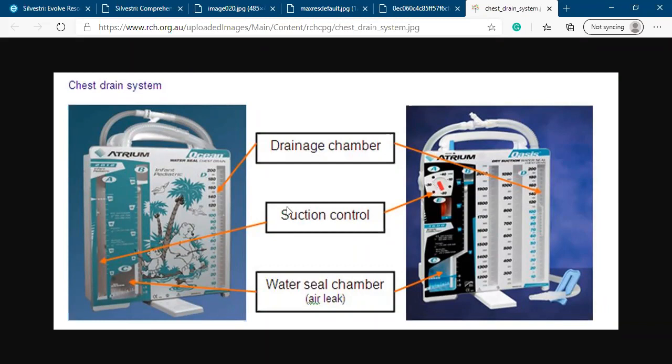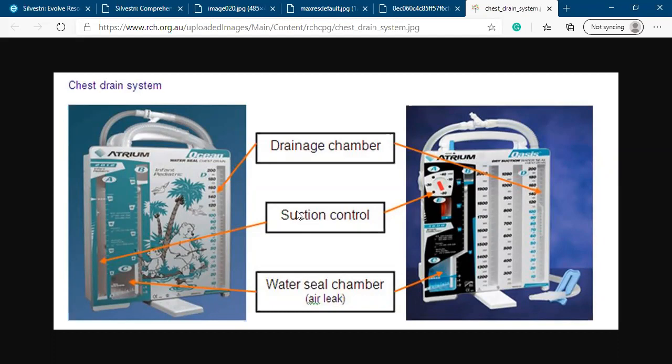If we see the bubbling here, it is just the opposite of what we see in the water seal. In the water seal, I said intermittent bubbling is good, continuous bubbling is bad. Just opposite in the suction tube.